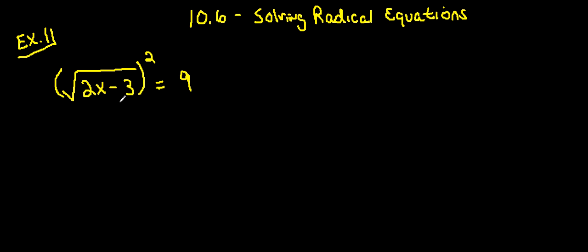In other words, the square root of 2x minus 3 raised to the second power is just 2x minus 3 without the radical sign. And if I square the left side, I also have to square the right side. That's 9 squared, which gives me 81.